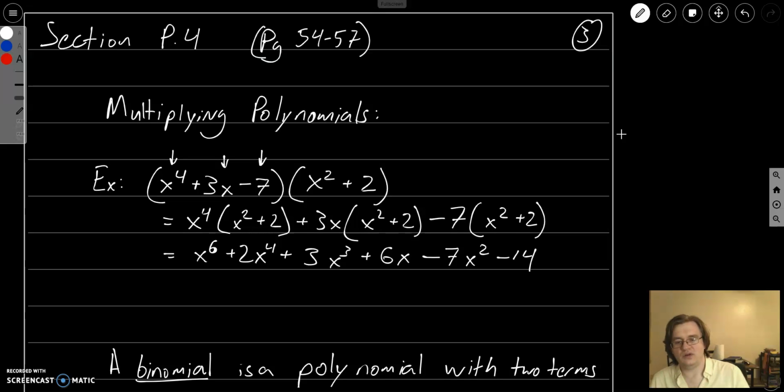Now, this is not in order, and it doesn't have to be, but I think that reading polynomials is easier when the terms are listed in order of decreasing degree. So the degree of the first term, the largest degree here will be 6.